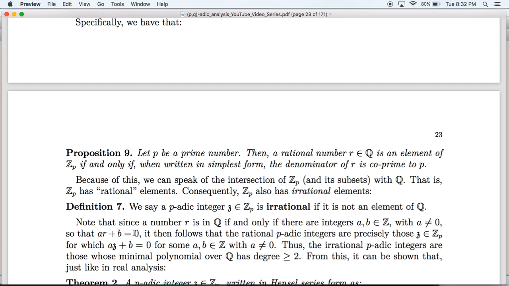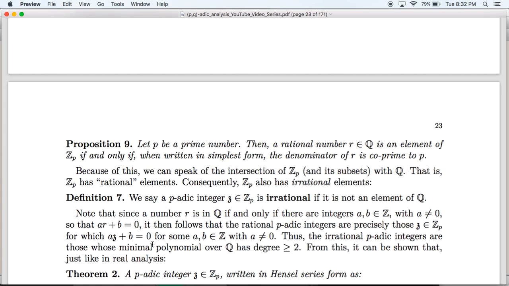So we can then say definitively without any worry that a p-adic integer z is rational if and only if there are integers a, b with a not equal to 0, such that a z plus b is equal to 0. So just like in classical analysis, the irrational p-adic integers are those whose minimal polynomials over Q have degree greater than or equal to 2.